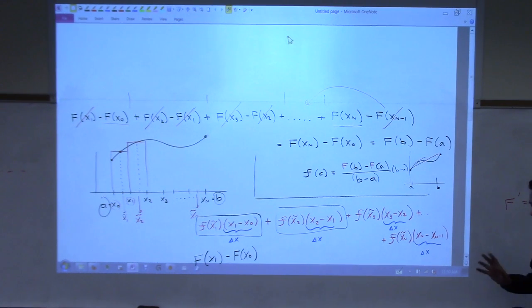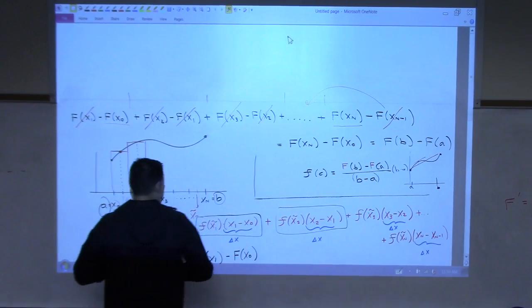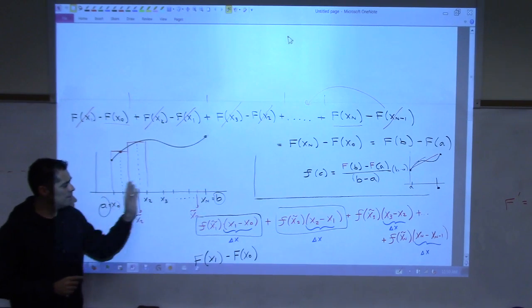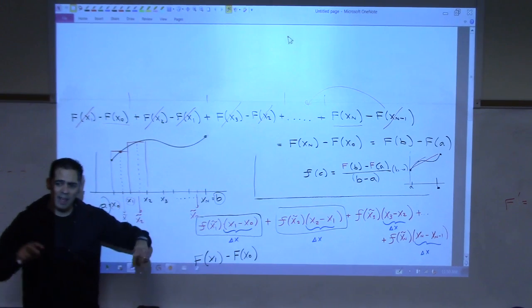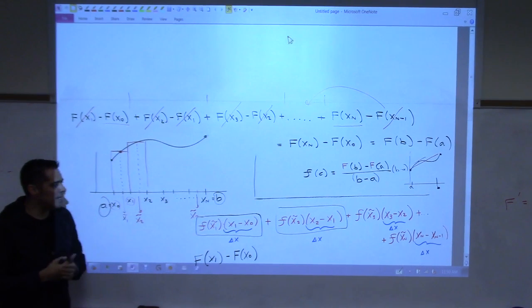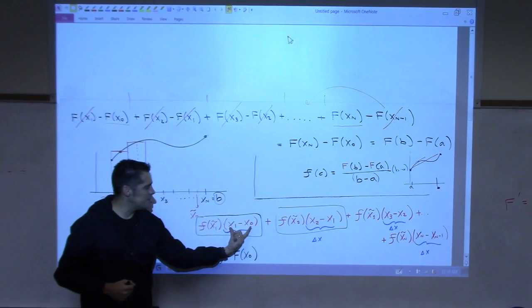Now, there's a little subtlety here that's kind of lost, all right? And I think I snuck it by you. The sum, if we add up all these rectangles, wasn't that an approximation, right? So what we need to do is let this delta x get smaller and smaller, right?